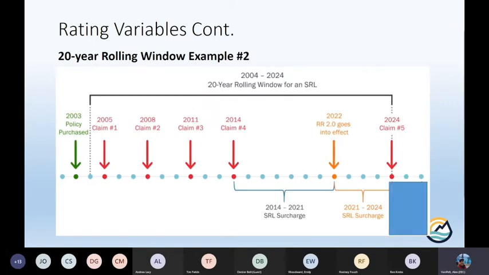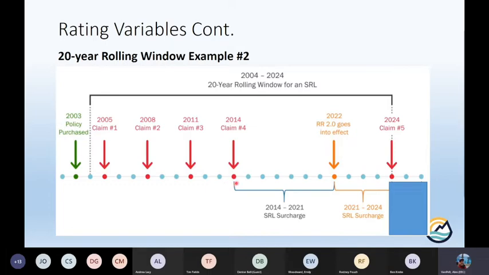Another example is the second one here, which is a severe repetitive loss property. Again, same way, claims prior to 2022, before it transitions over, are not considered. Severe repetitive loss is 4 or more claims in a 10-year period of $5,000 or more. So we've got '05, '08, '11, and 2014.